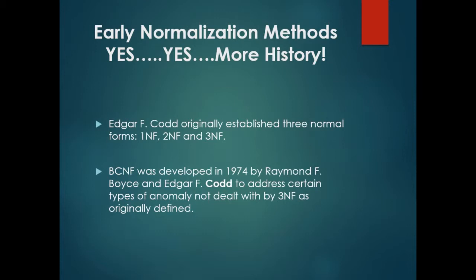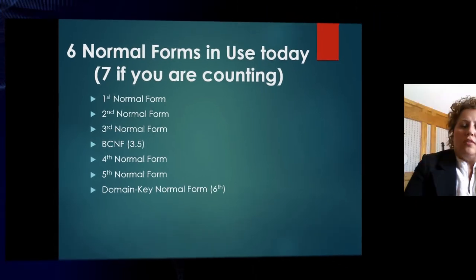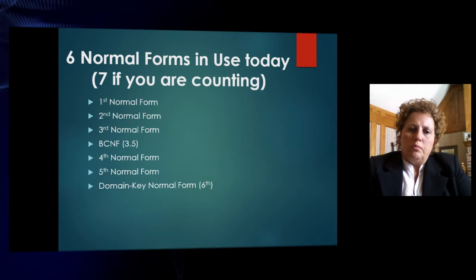Okay, so typically when we're talking about database optimization or database efficiency, generally in the design of databases in the schema, those databases that are normalized to the third normal form are generally thought to be good enough.